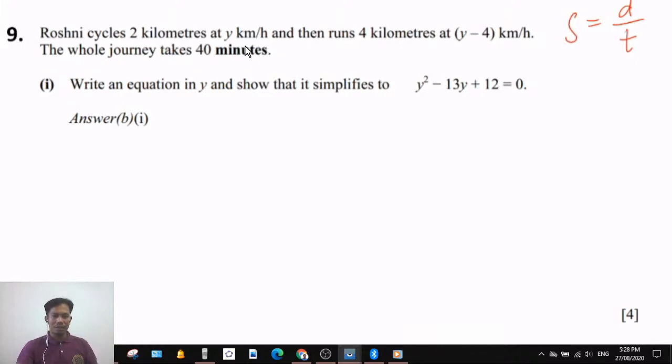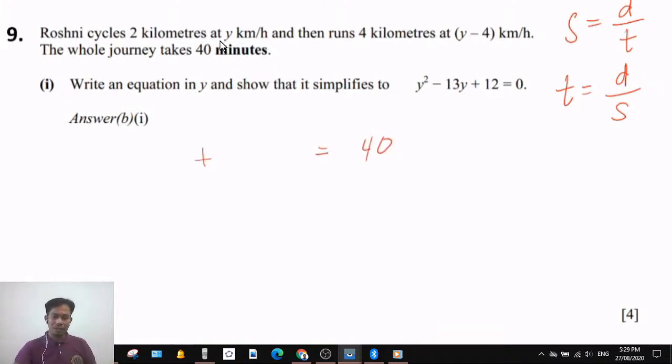Then she runs 4 kilometers at y minus 4 km per hour. The whole journey takes 40 minutes. Time is equal to distance over speed. There are two times that you got. You will add those 2 times. It is equivalent to 40.